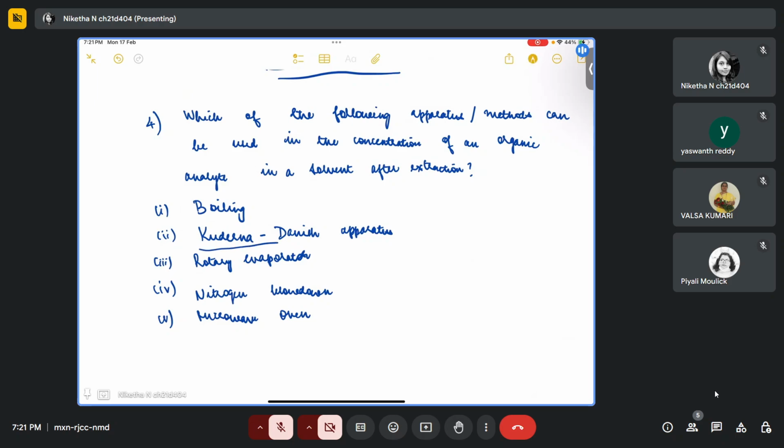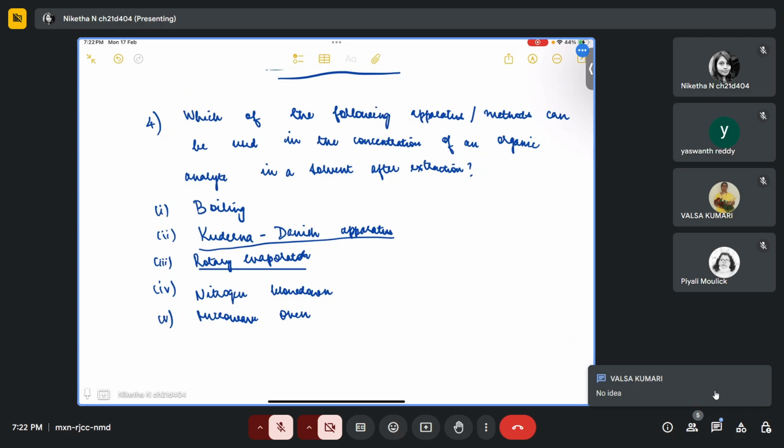So what is the Kuderna-Danish apparatus? Can you tell me the difference between the Kuderna-Danish apparatus and a rotary evaporator?